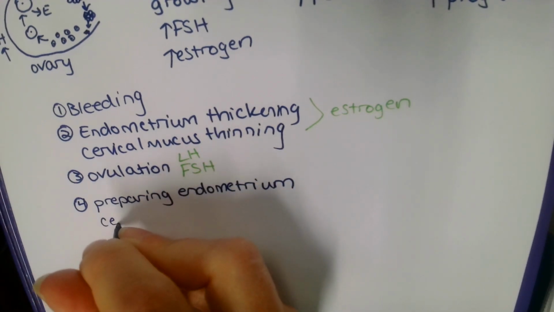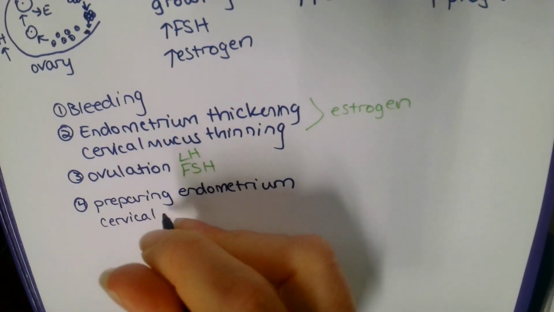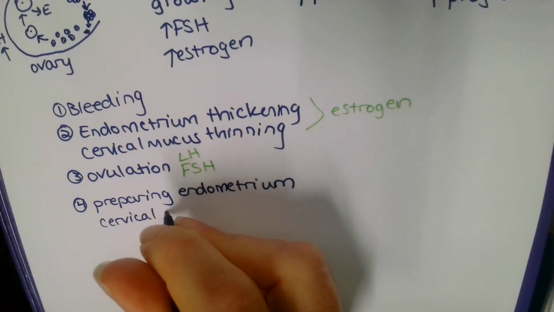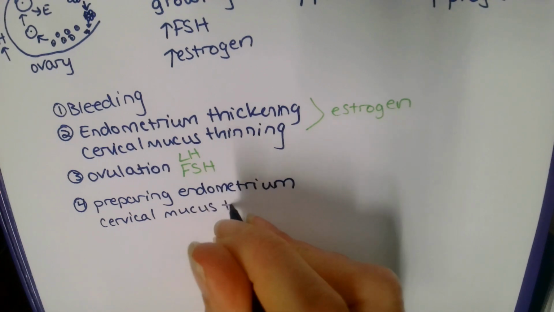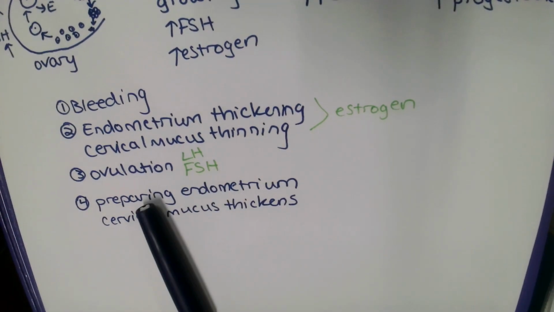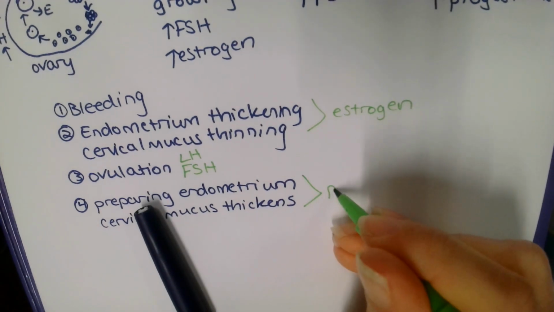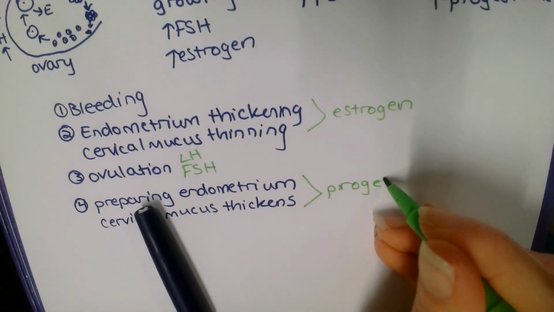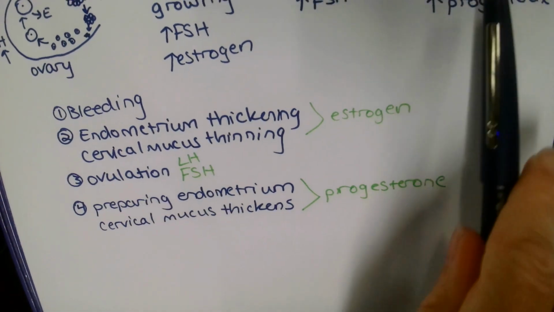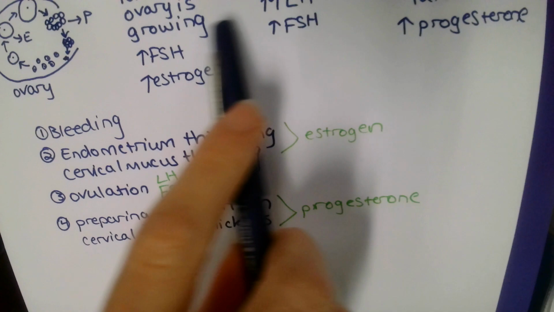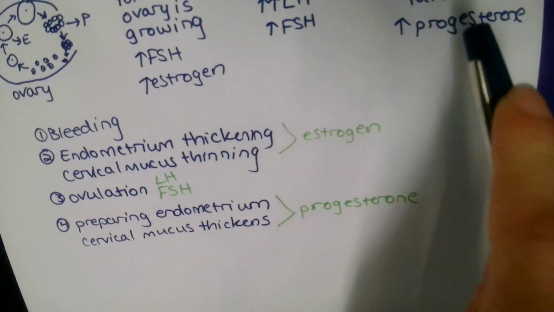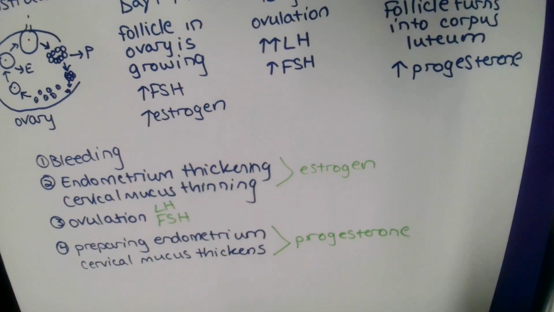It also no longer wants sperm to be present in the uterus, so the cervical mucus is going to thicken. And that all occurs because of the effects of the hormone progesterone. Okay, so far, same thing that we're seeing up here. The estrogen is high in the first part, progesterone is high in the last part.